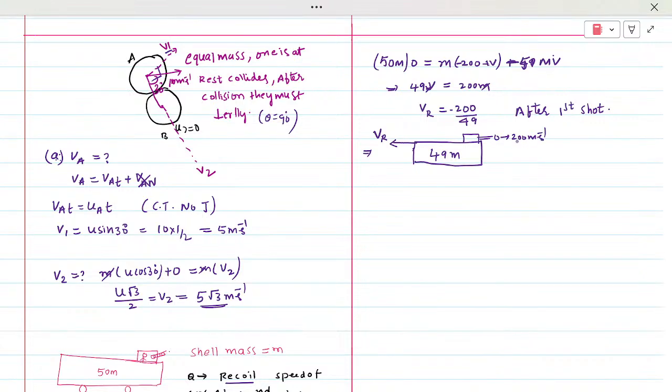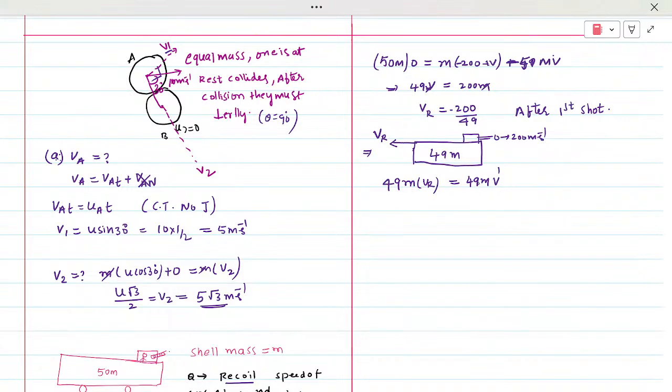So this is the relative velocity. 200 meters per second was the relative velocity of the shell. So therefore now 49 m into VR is equal to 49 m into V dash.